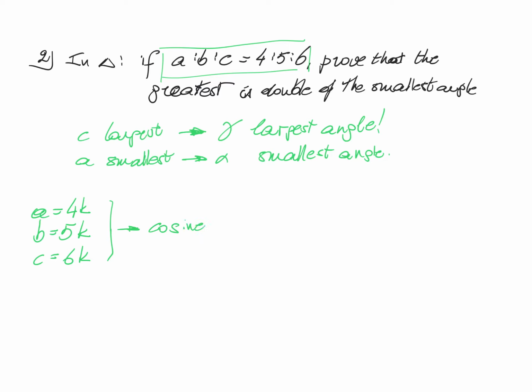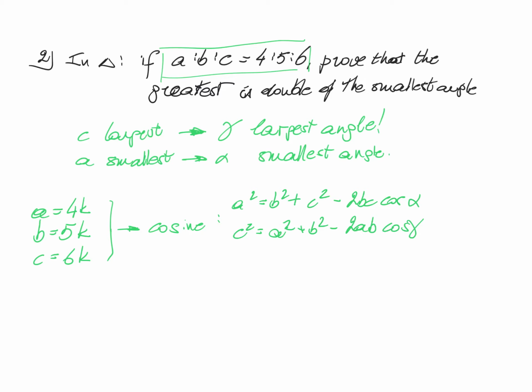We need to get some information about the angle alpha and the angle gamma. So we say that a squared is b squared plus c squared minus 2bc cosine of alpha, and c squared is a squared plus b squared minus 2ab times the cosine of gamma.